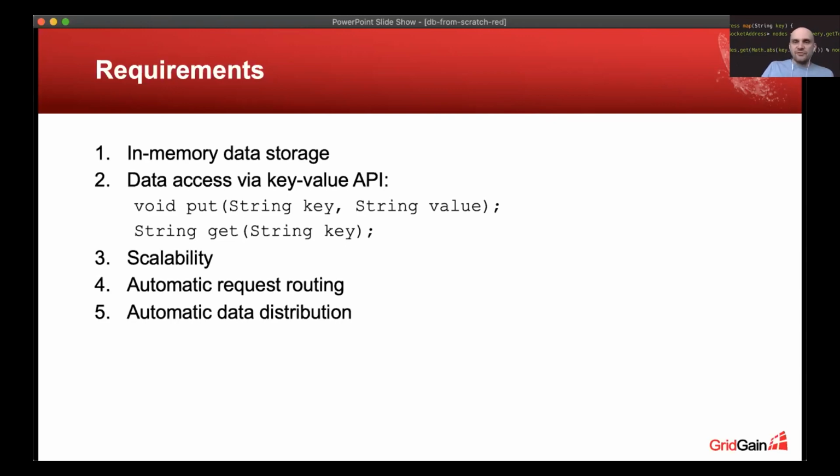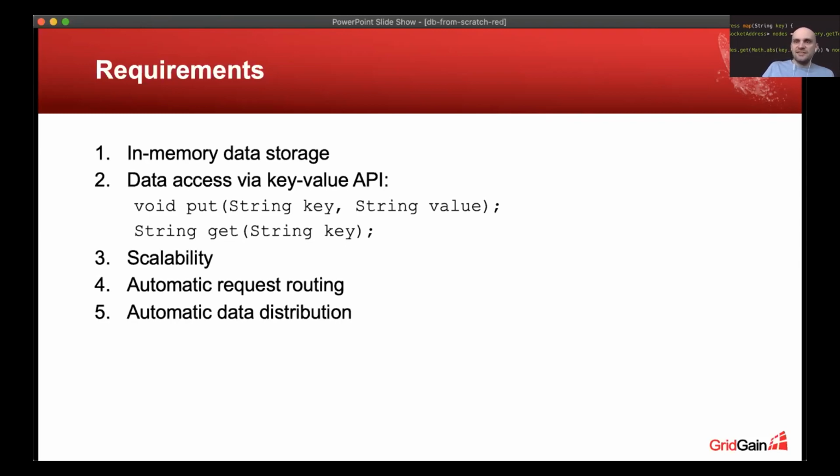And obviously this has to happen automatically, right? The system has to be able to figure out on its own where to send the request to make sure that data is available and everything goes right and data is consistent and all that. So we need this automatic request routing essentially.